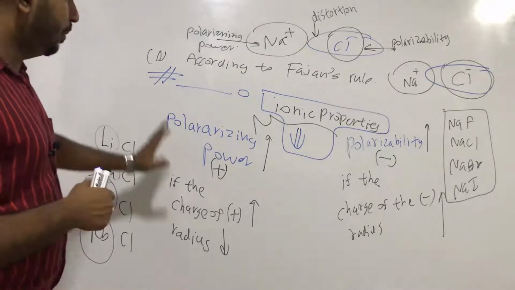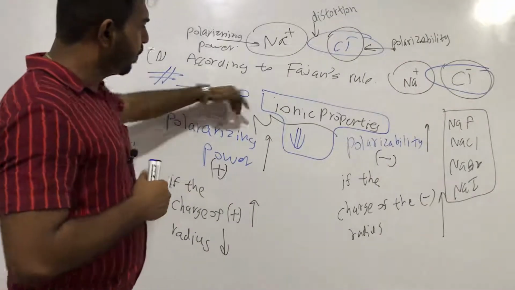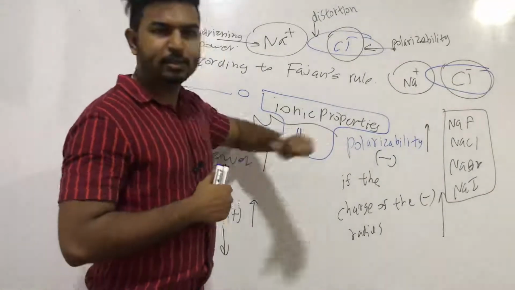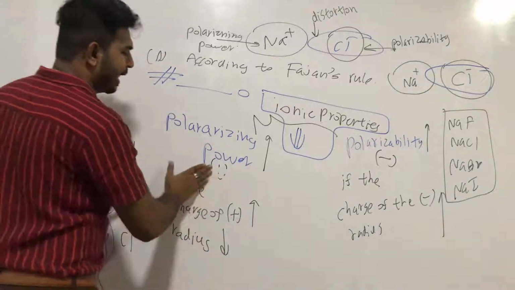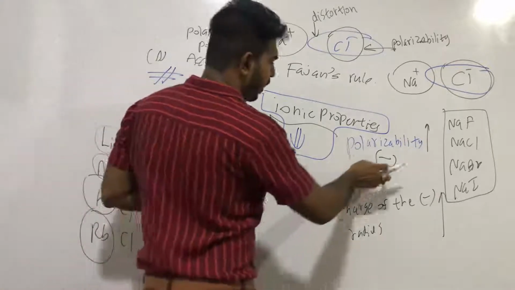Okay, then make a table. Polarizing power and polarizability. This is for cation, and this is for anion.